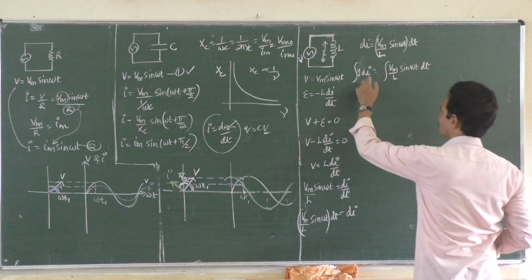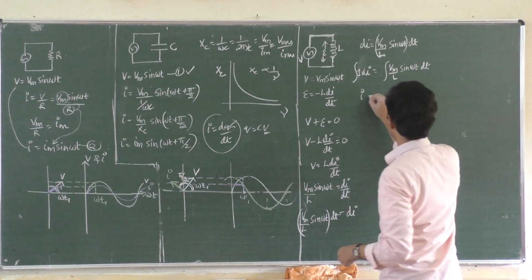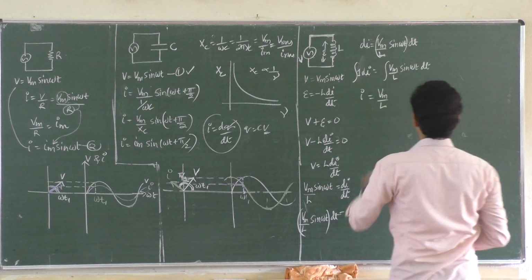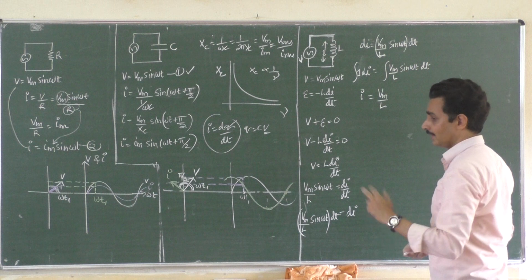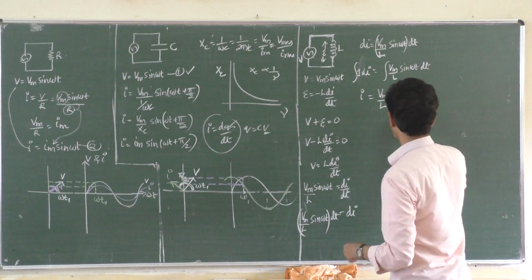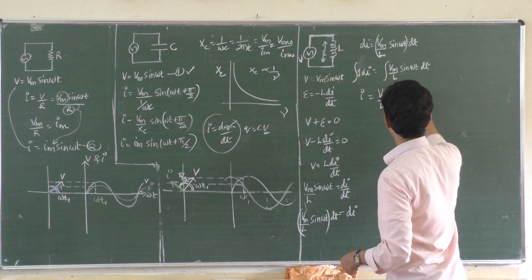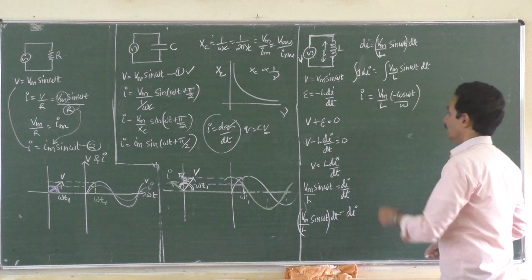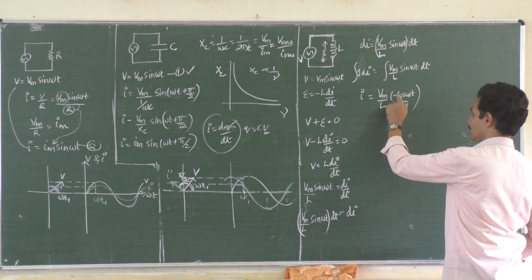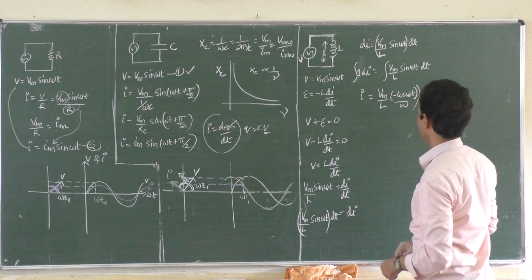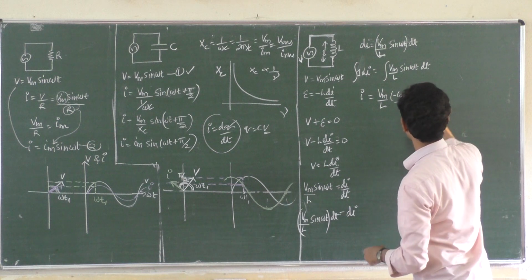Integration of di is I, equal to Vm by L, which is a constant, times the integration of sin omega t, which is minus cos omega t by omega. That is how we write. The bracket is not needed.